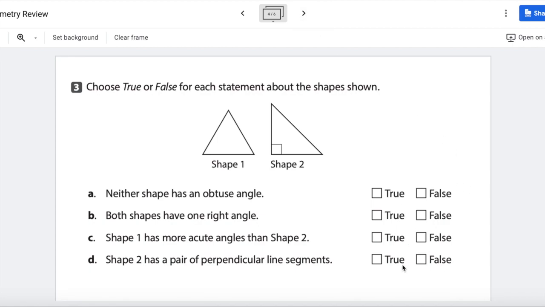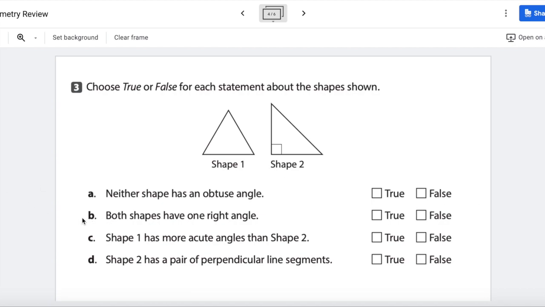Here's a bunch of true or false statements. Choose the ones that are true and put an X in true, and if they're false, put a little X on the false box. Here's the statements for you. Neither shape has an obtuse angle. True or false?